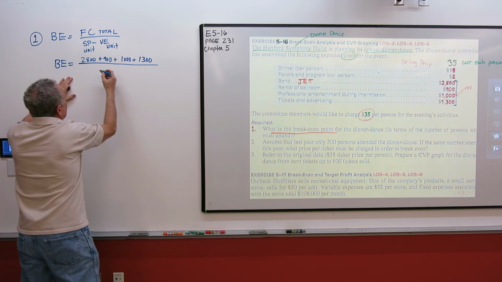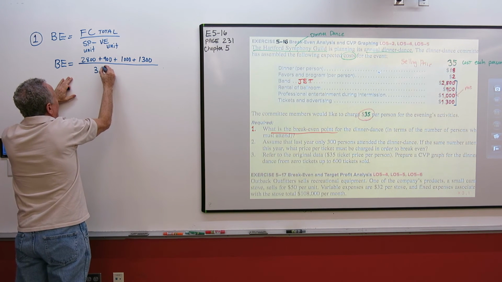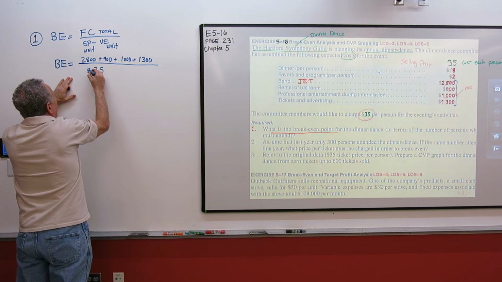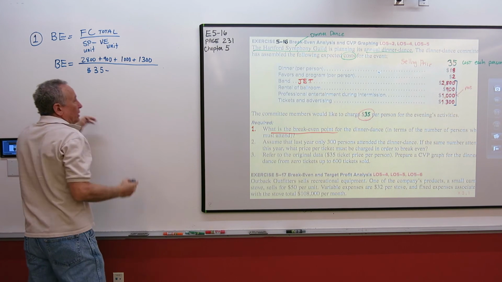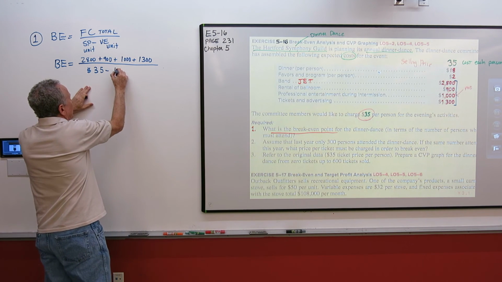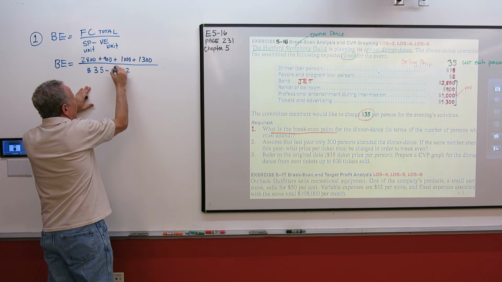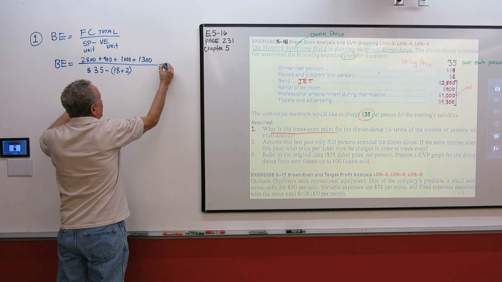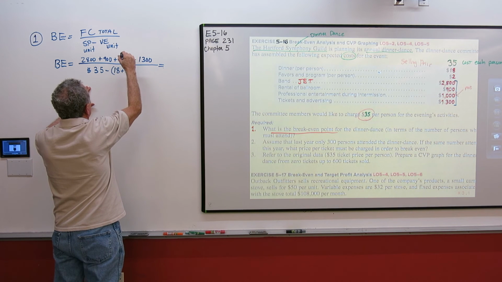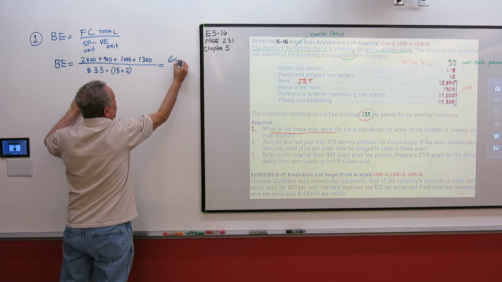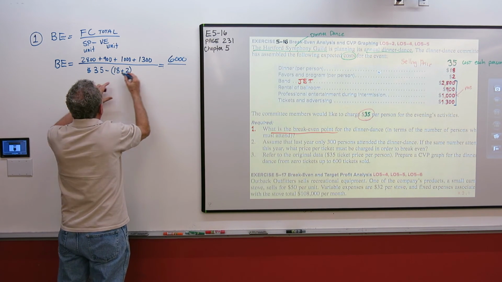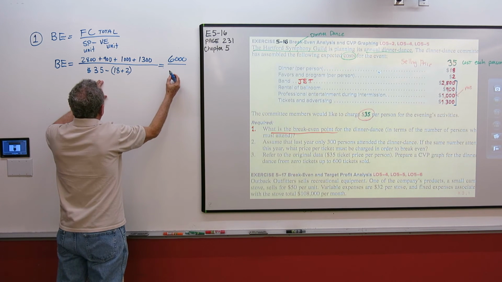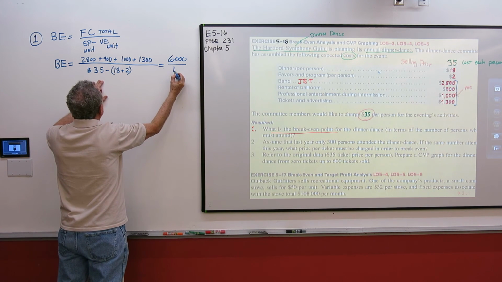And then we're going to divide this by the selling price. $35 is a ticket. And what are the variable costs per unit? Well, let's go back. It's going to be $18 for the dinner plus $2 for the favor. And this comes out to be $6,000. So you have $6,000 in the numerator, and 35 minus 20 is going to be 15, isn't it?